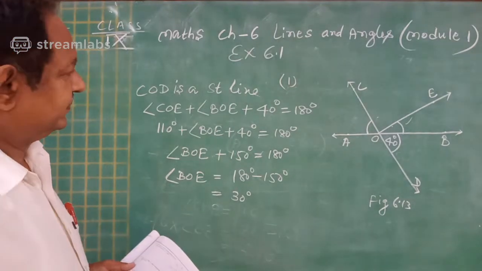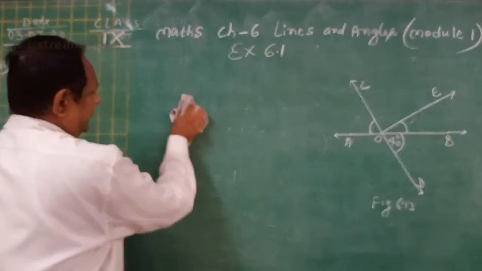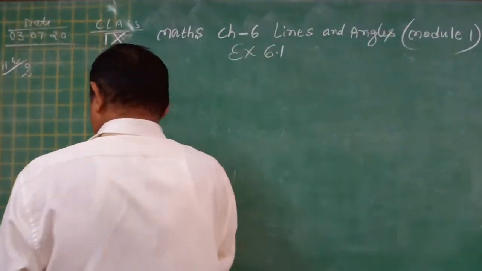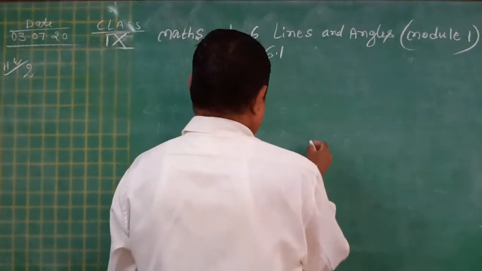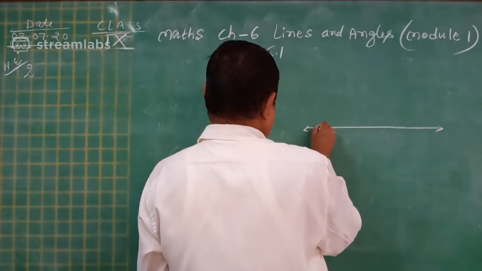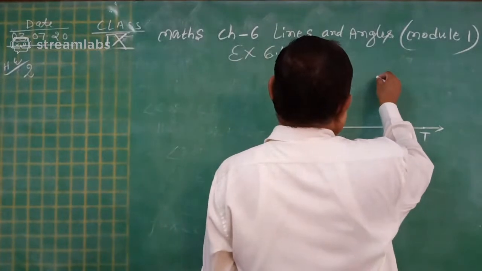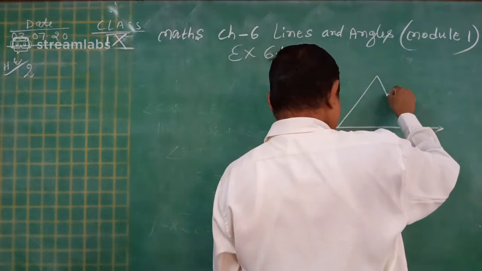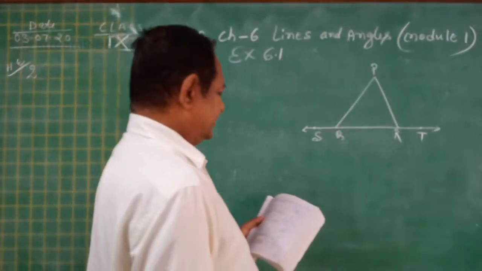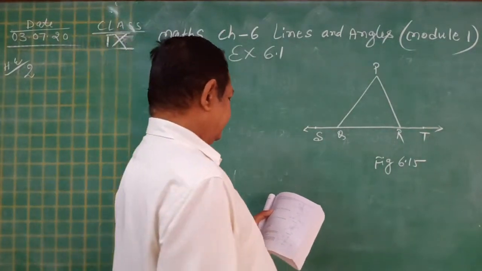Third question, Figure 6.15. This is a straight line ST, and PQR is a triangle. Angle PQR is equal to angle PRQ.